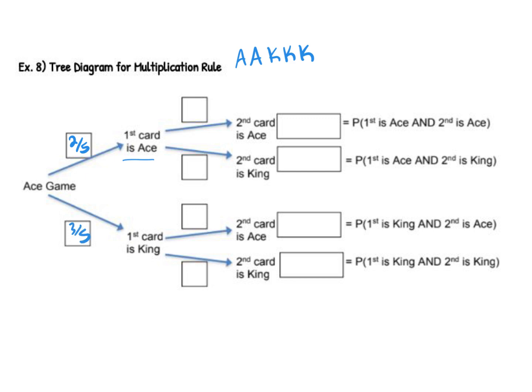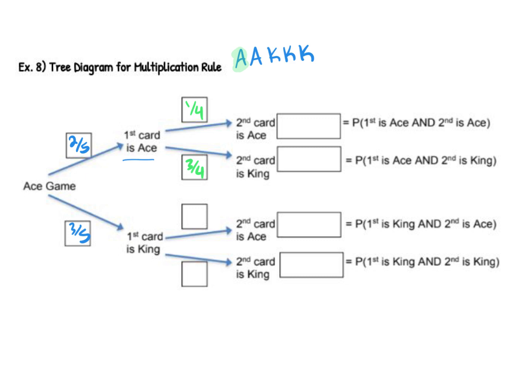Then once we go to draw that second card, when your first card's an ace, you're left over with 4 cards, only one of them being an ace. So the probability that the second card is an ace is 1 out of 4. And once you have that ace taken away, you've still got 4 cards left. 3 of them are kings, so the probability that second card is a king is 3 out of 4.